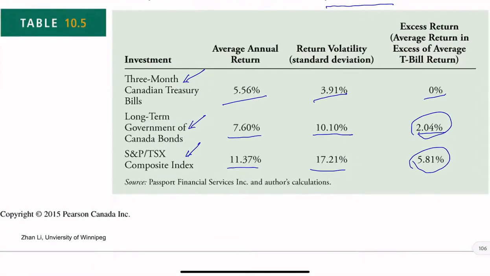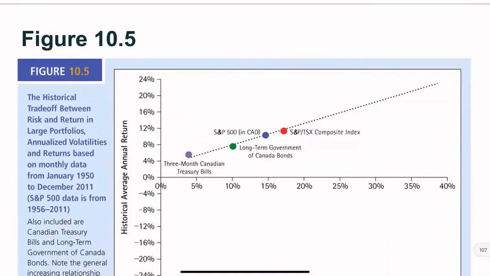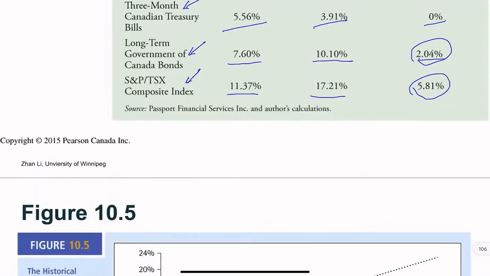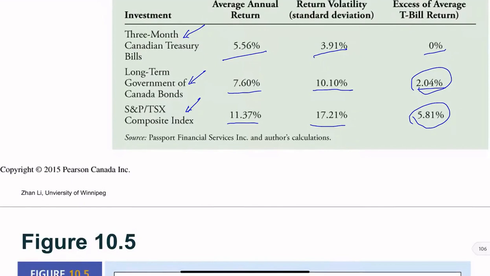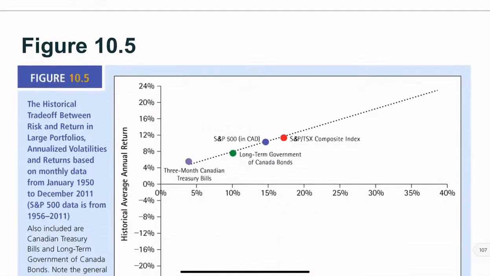So we can draw out the relationship between return and volatility by using the following graph.